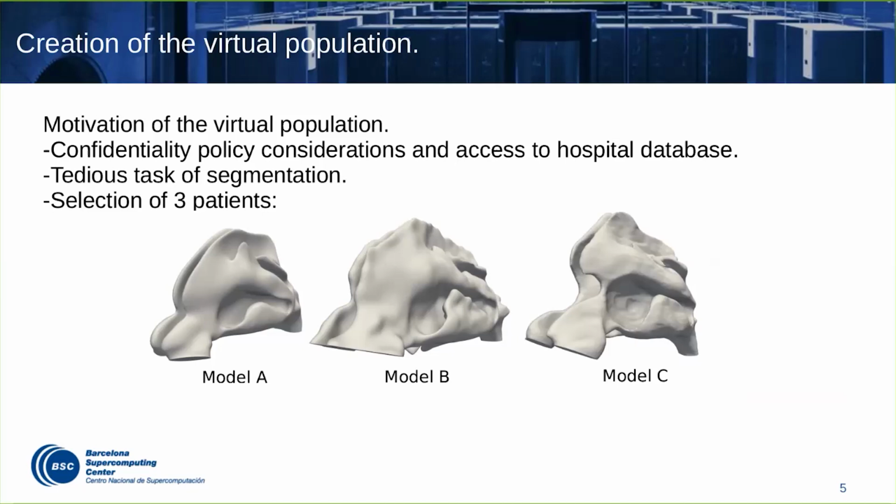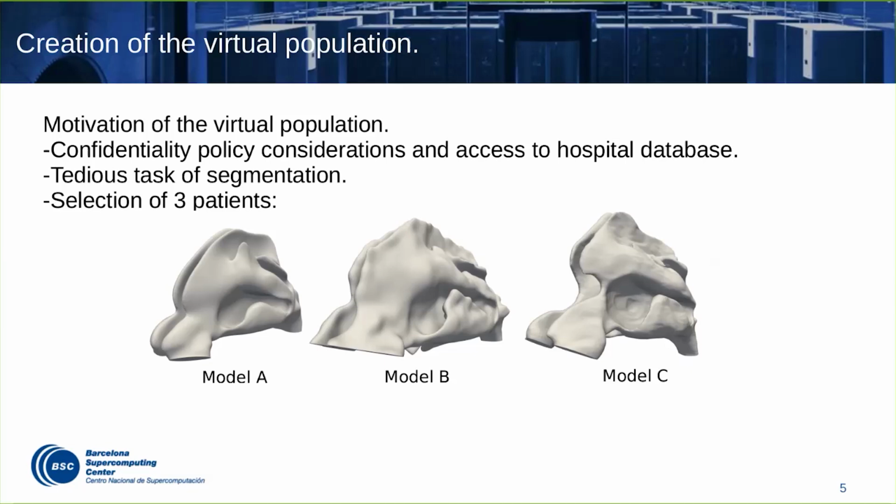The segmentation is when you transform a scan MRI to geometry like this. So you obtain the list of the nodes to recreate in three dimensions the geometry of the nasal cavity, for example. So this is the segmentation, and it's a long task because it takes a lot of time, and you need knowledge of the organ that you want to segment. So it's a tedious task.